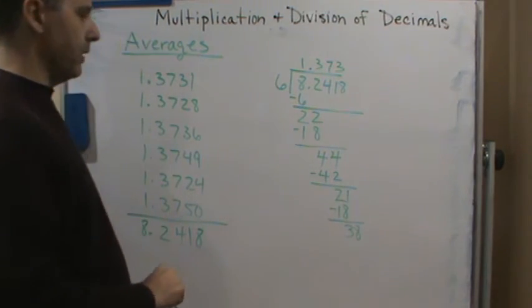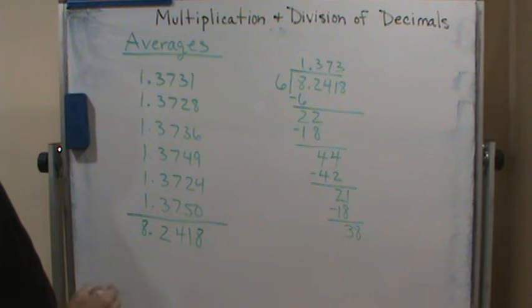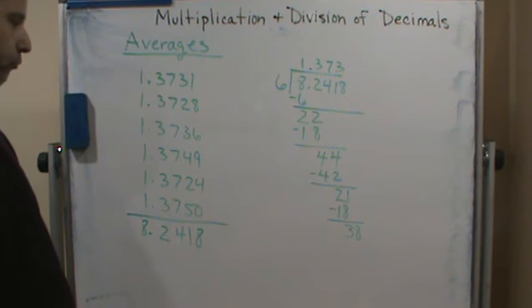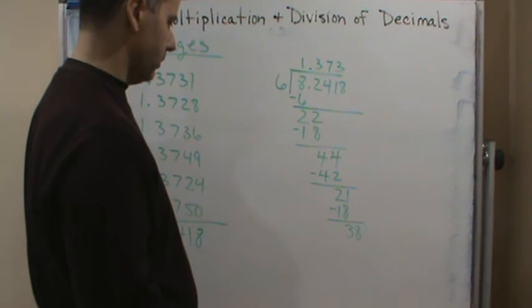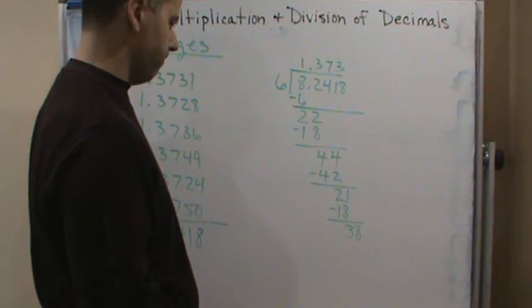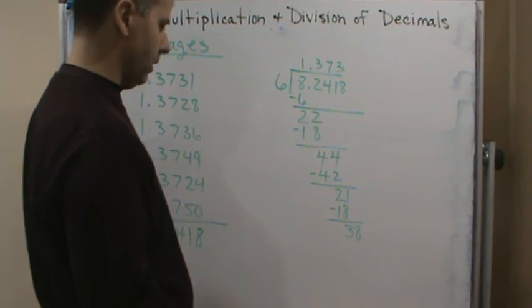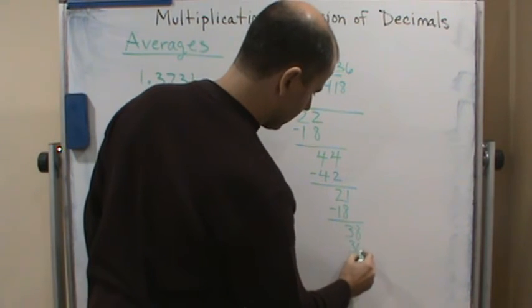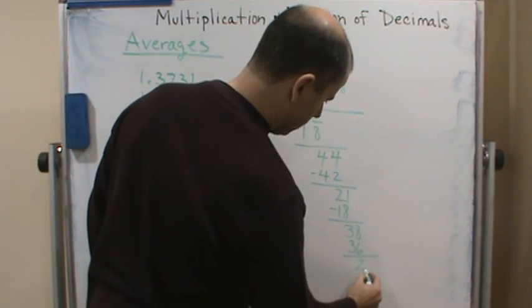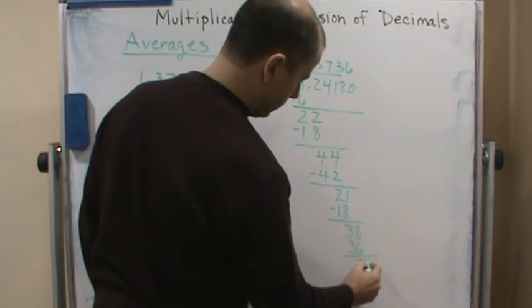And so the 6 goes into 38 6 times. So 6 times 6 is 36. And then I'm going to get 2. And then I'm going to drop down the 0.